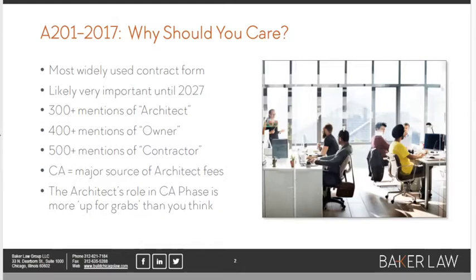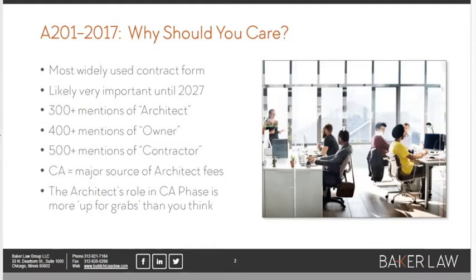I know that not everybody watching this presentation is an architect, but I do like to say to architects when I give this presentation that, if you are working for a firm that does CA and you get substantial fees from it, you should be really interested to understand this document.